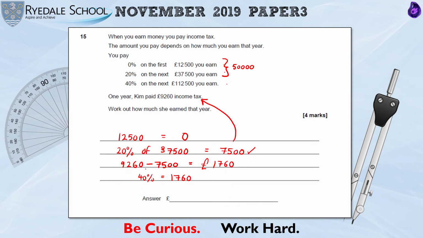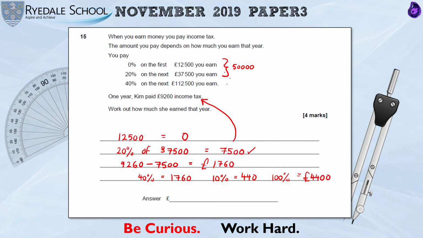So I really need to find out what 100% of that number is, because that will help me understand how much extra she earns above the 50,000. Okay? This question really makes more sense if you're earning money. So this is quite difficult for you as students. So if I know what 40% is, I can divide it by 4 to work out 10%. And if I times it by 10, I get that is an extra £4,400.